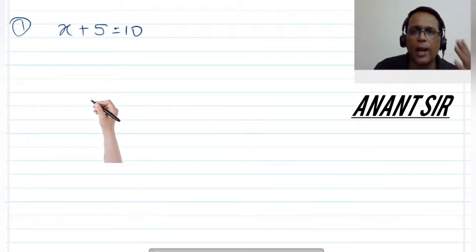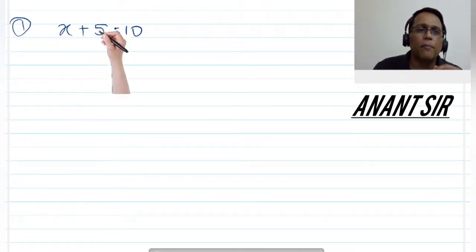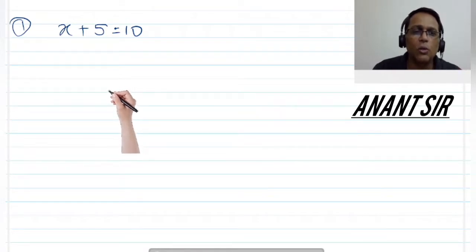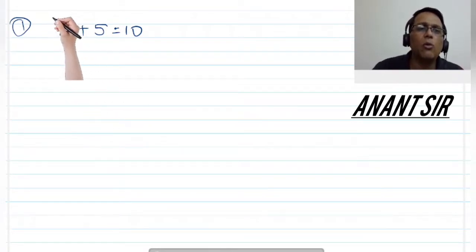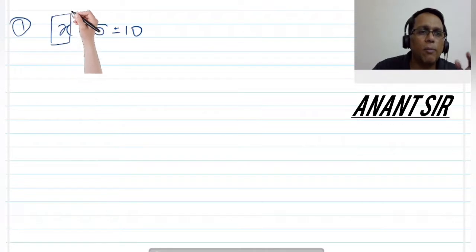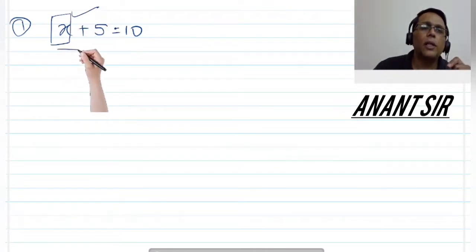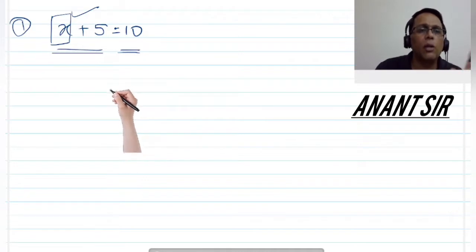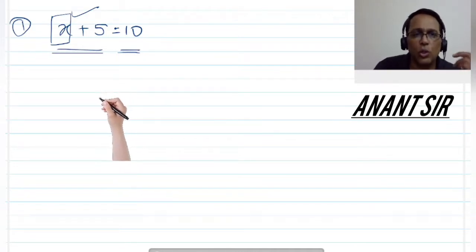Okay, trial and error method. First of all, what is meant by a solution? If I want to find the solution of this equation, solution means that value of the variable, if I put it here, then the value of the left hand side of the equation and the right hand side of the equation will become the same. That is nothing but the solution of the equation.